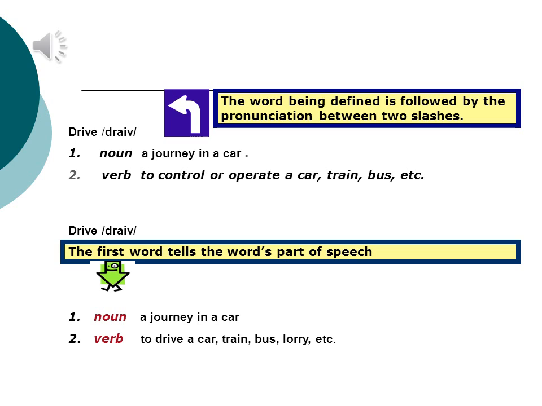The first word tells you the word's part of speech, for example, drive as a noun meaning a journey in a car, and as a verb meaning to drive a car, train, bus, lorry, etc.